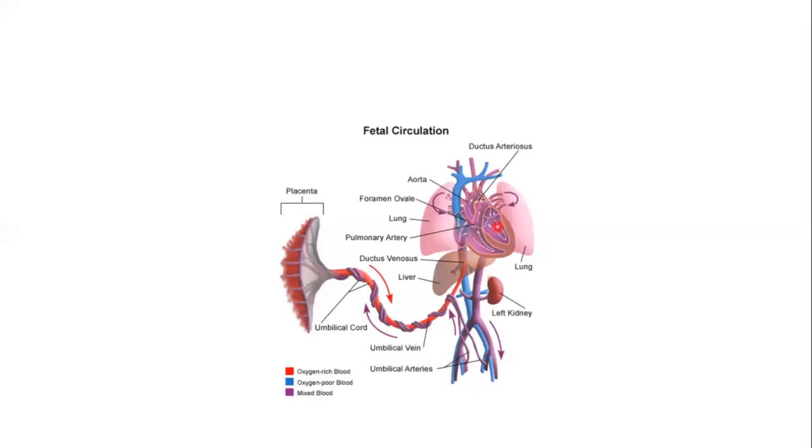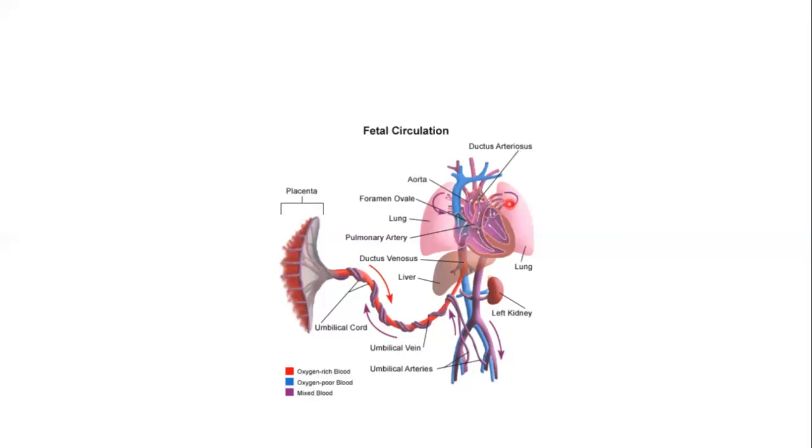From the left ventricle, blood goes to the aorta. Then blood coming from the superior vena cava goes to the right atrium. From the right atrium, blood goes to the right ventricle. From the right ventricle, blood goes to the pulmonary artery. From the pulmonary artery, much of the blood will go to the aorta via the ductus arteriosus. A little amount of this blood will go to the lungs via the pulmonary artery.